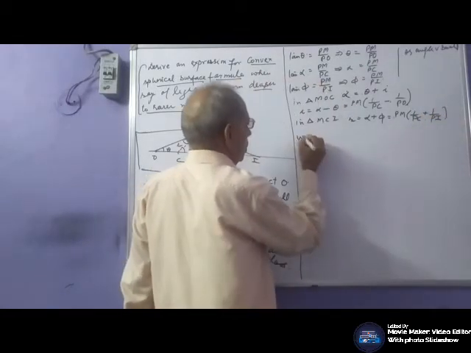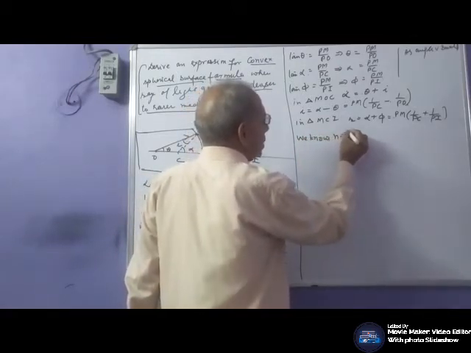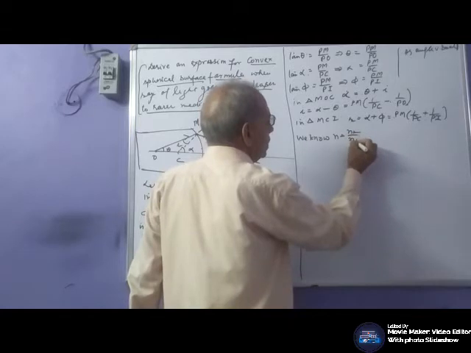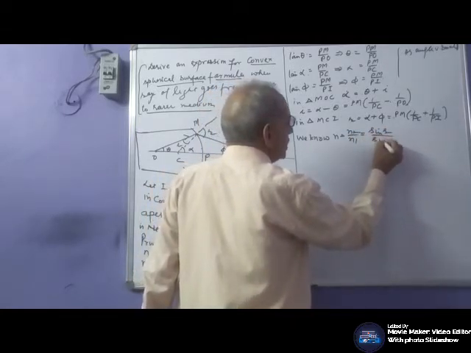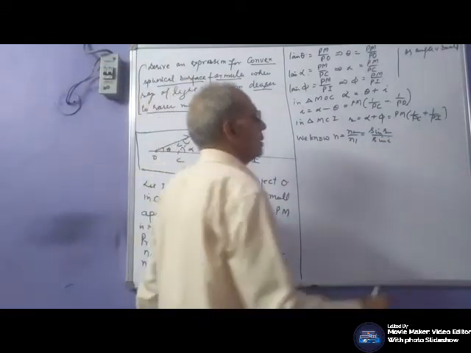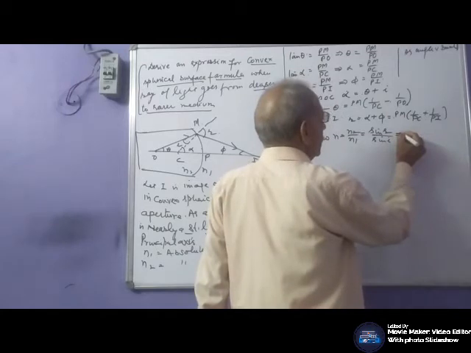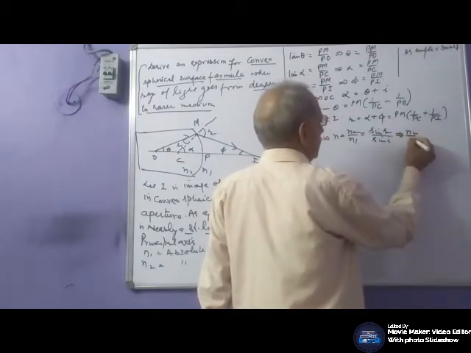We know that always N2 by N1, here it is sin R by sin I. Why? Because the ray goes from denser to rarer medium.